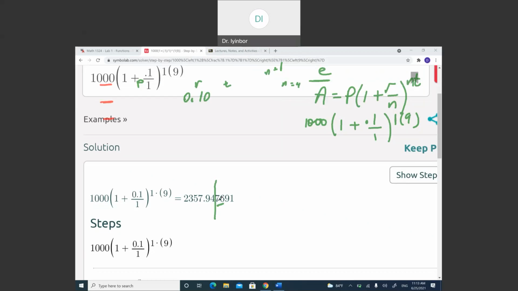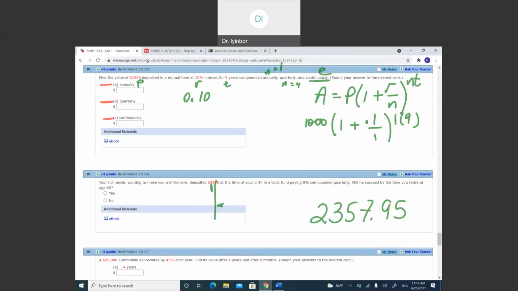If it's 5 or bigger, you're going to add 1, so you round to 2,357 and 95 cents. That's how you do that. And then we're going to put that number in my answer box: 2357.95.